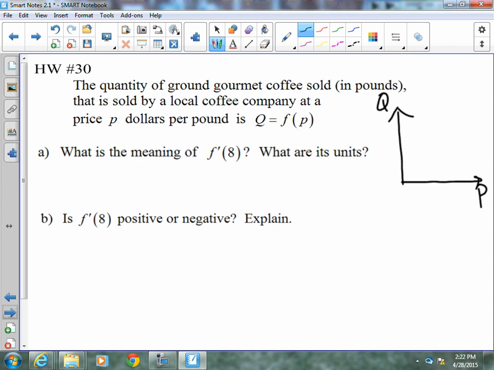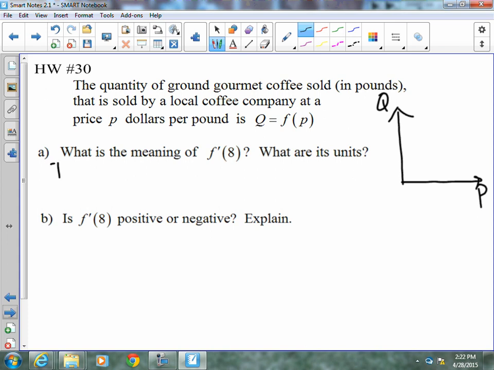So let's talk about f prime of 8 and what it means. Well, f prime of 8 means not velocity, we're not throwing this coffee. It's not slope of a tangent line because that doesn't work in real world situations, so it must be rate of change.